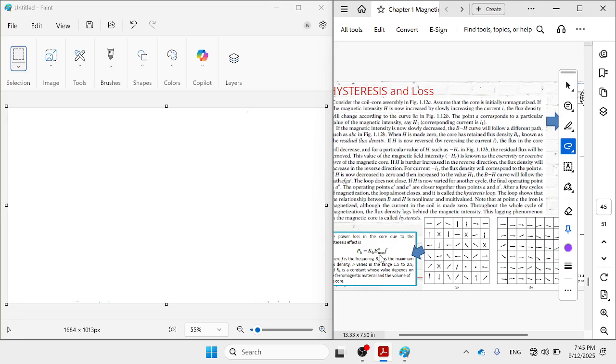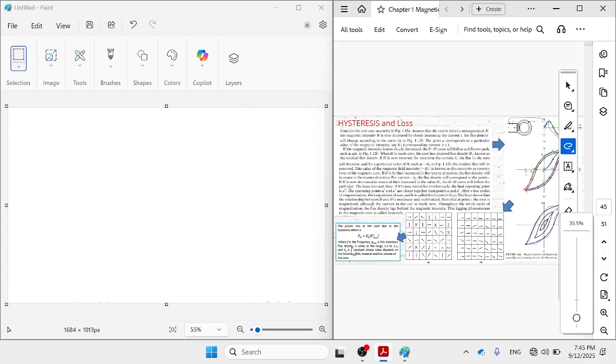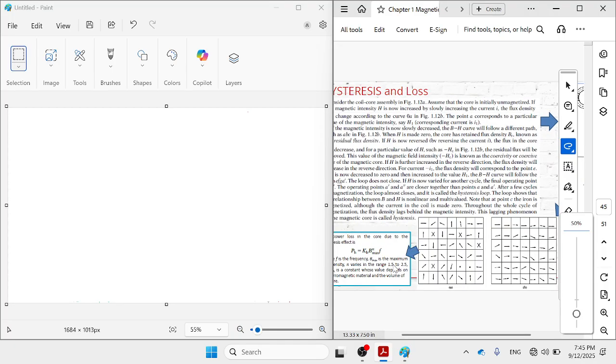Then B max, the maximum flux density, to the power of n. The value for n is between 1.5 to 2.5. KH must be given, different machine, different value, and f is the frequency.